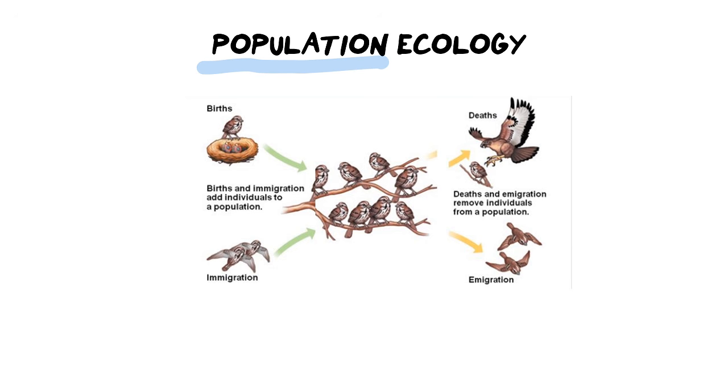So the first thing we look at is births. Births have a positive influence on the population, which means that they add more individuals. However, on the other side, deaths is going to be a negative influence, and that then means that we minus individuals from that population. Then we have immigration.